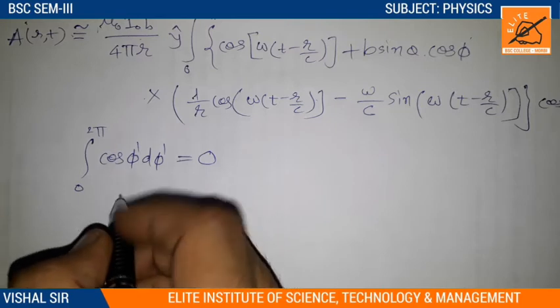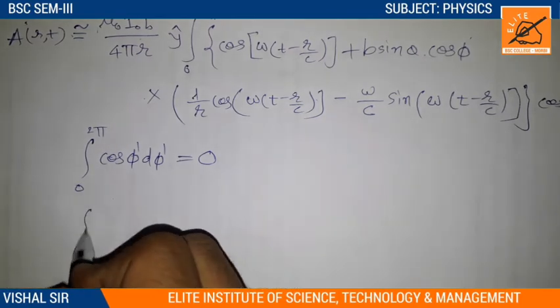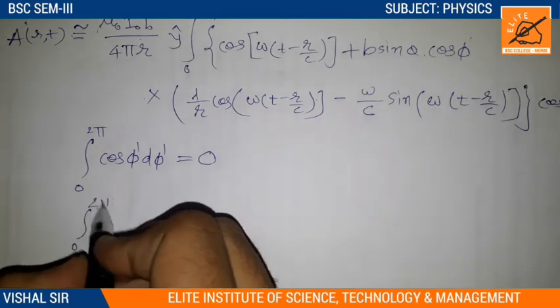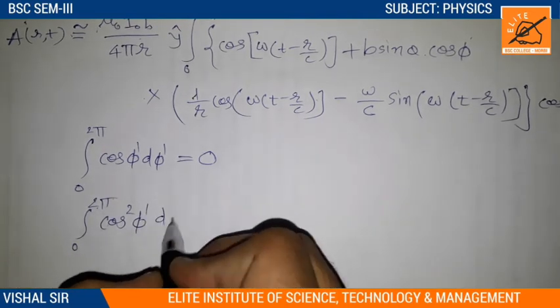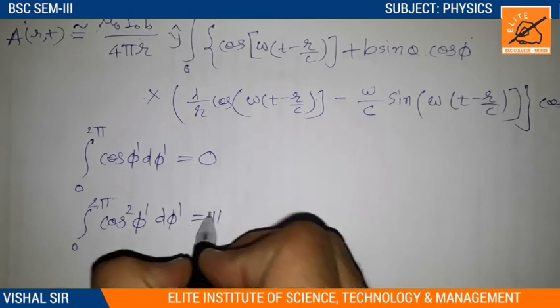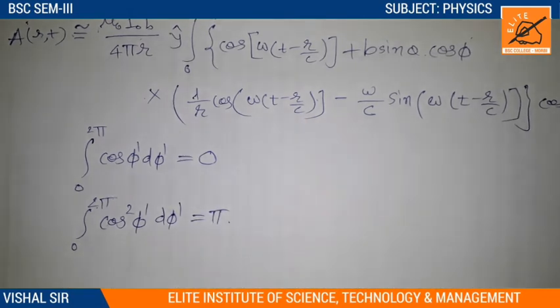So for this we can write the integral from 0 to 2 pi of cos square phi dash d phi dash is equal to pi. Putting this in and noting that in general a points in the phi direction.